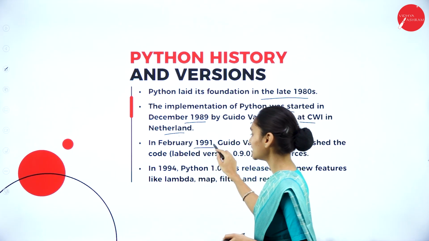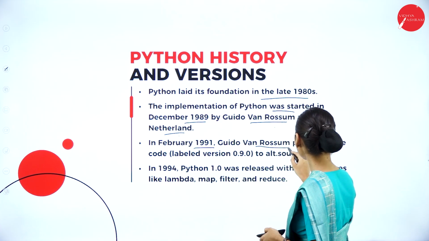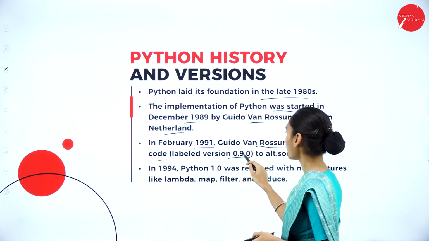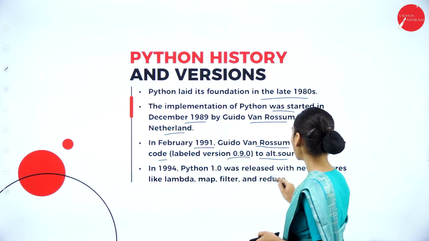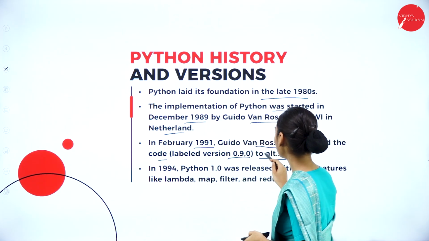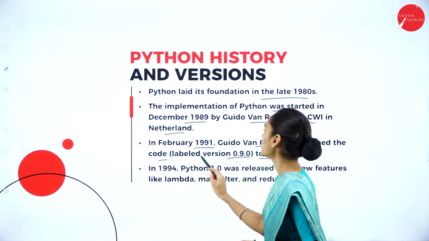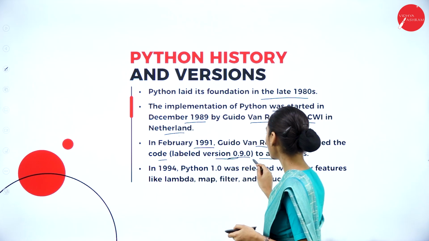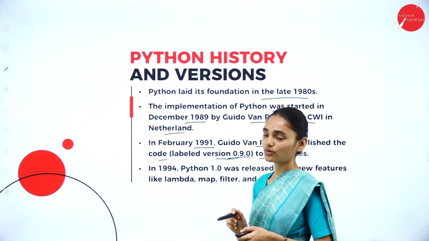In February 1991, Guido van Rossum published the code labeled version 0.9.0 to alt.sources. So in February 1991, he just published the code, which he labeled 0.9.0, to alt.sources.